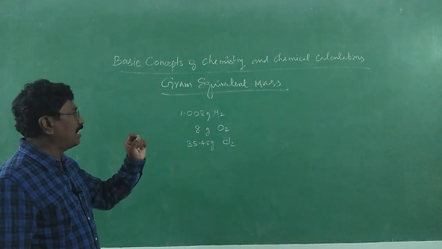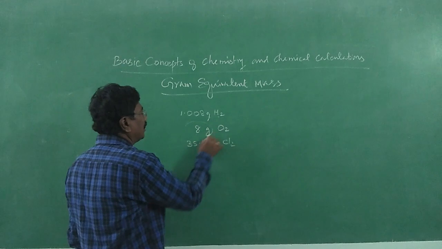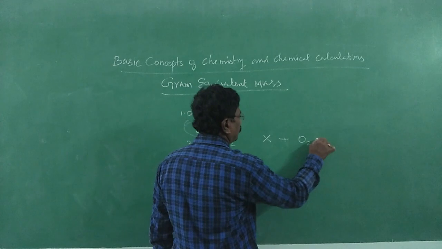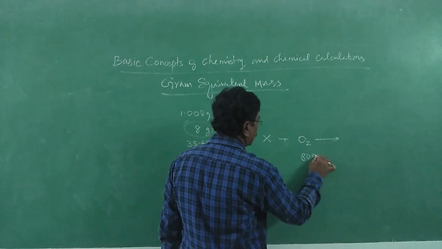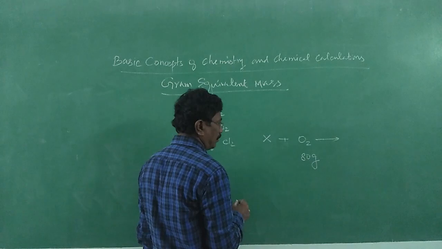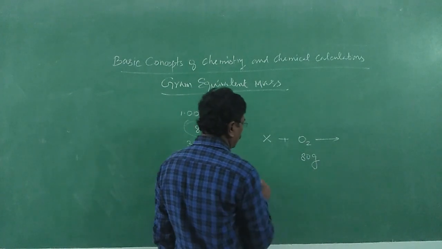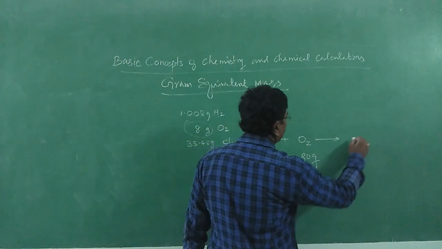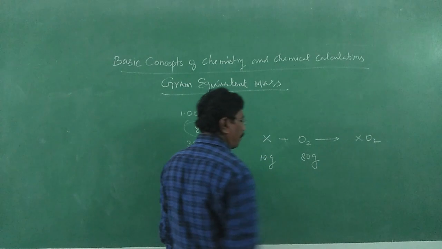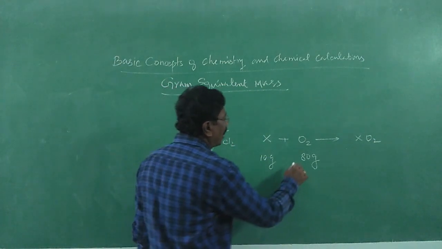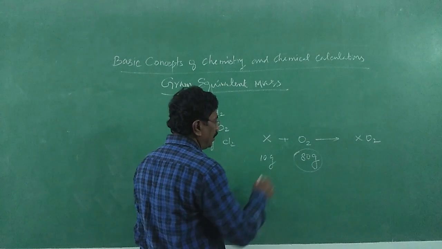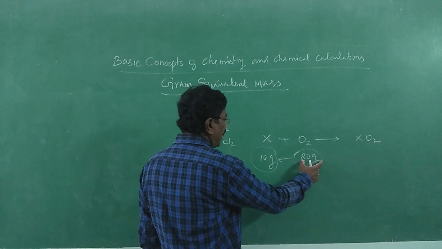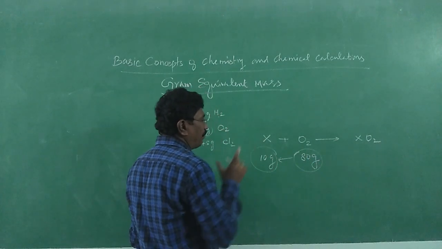Say X can react with oxygen: 80 grams of oxygen reacts with 10 grams of X to give XO2, let me say. Here the mass of oxygen involved is 80 and the mass of X involved is 10. That means 80 grams get combined with 10 grams of X.